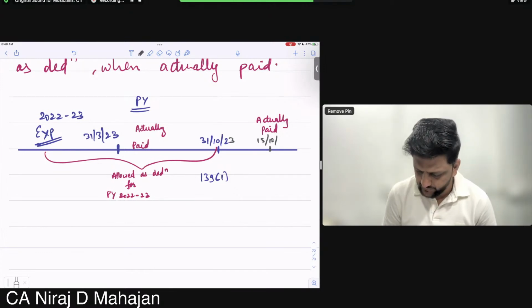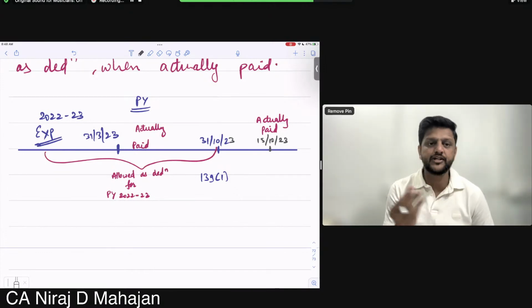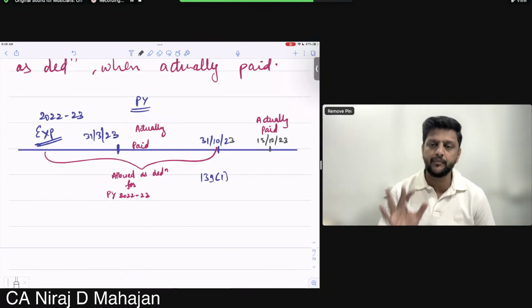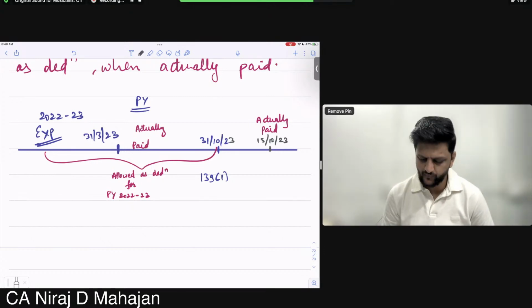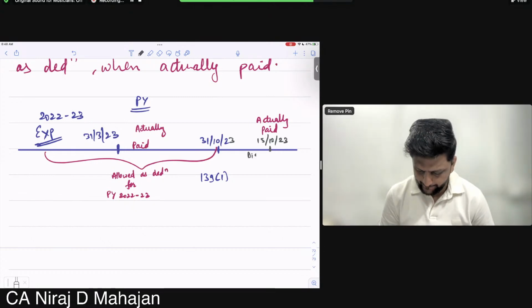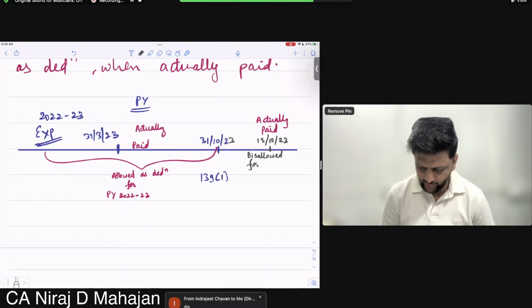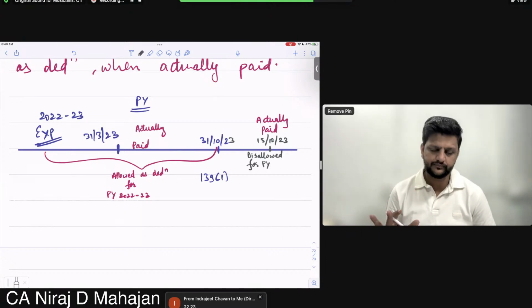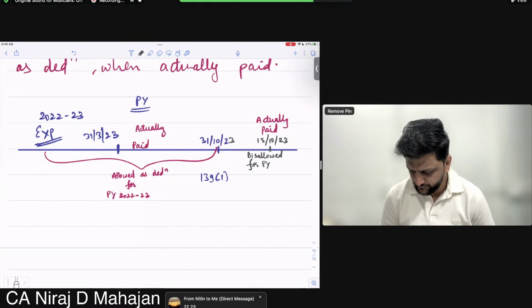Expenditure belongs to 22-23. It was also booked over there, but actually made payment on 15th December 23. What will happen? Disallowed for which year? All of you answer quickly. 22-23. Agreed or no? Very good.